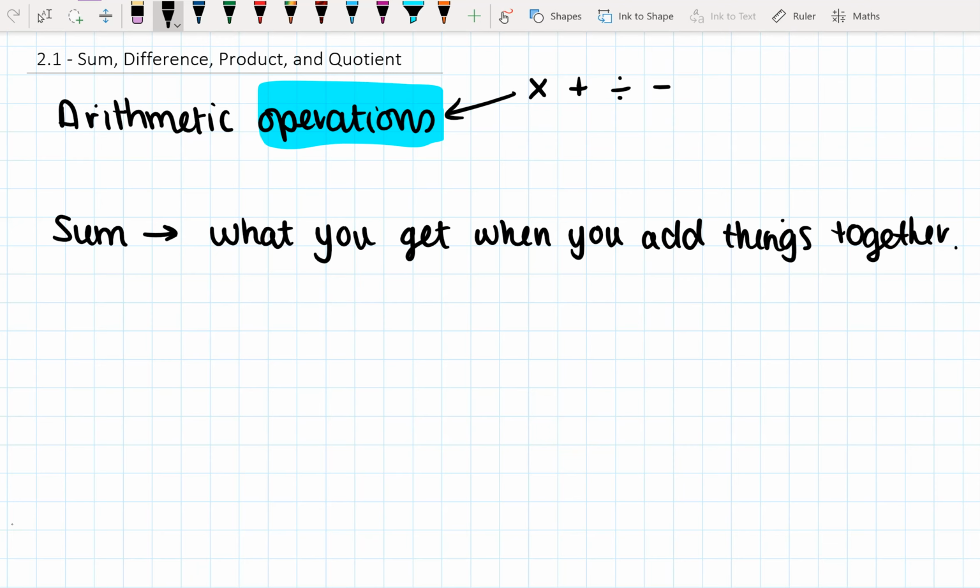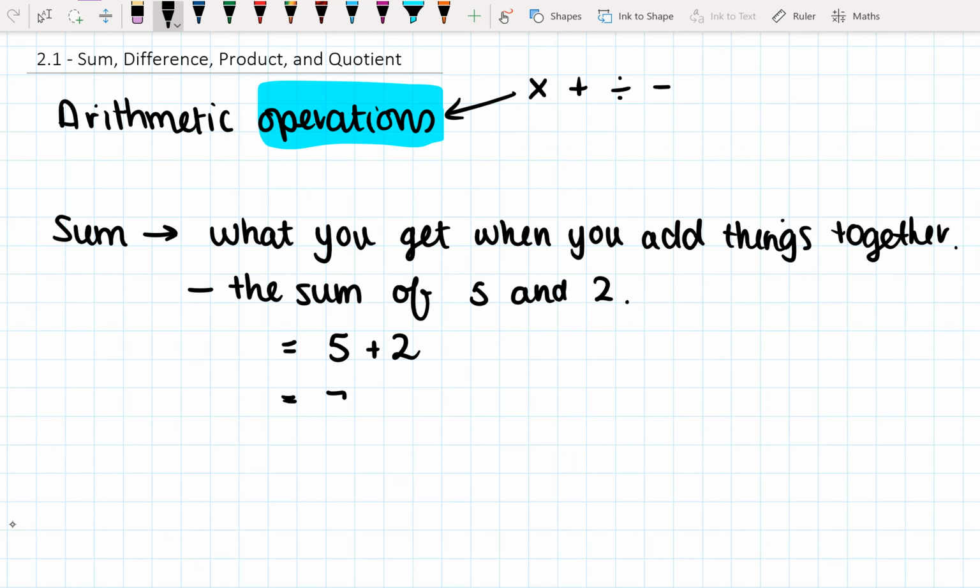So for example, we could say the sum of 5 and 2. This means 5 plus 2, and our answer is 7. And you can see when I write these sums out, I'm always starting on a new line when I start with an equals.